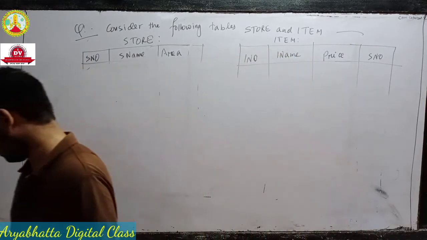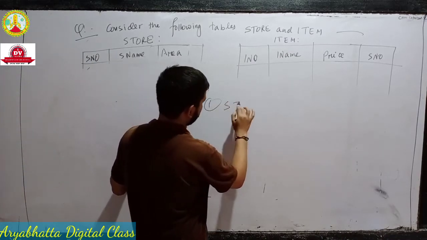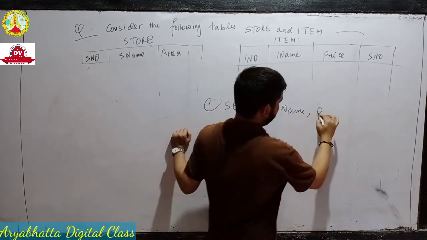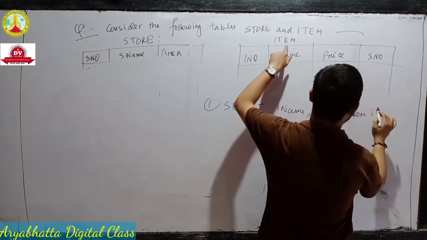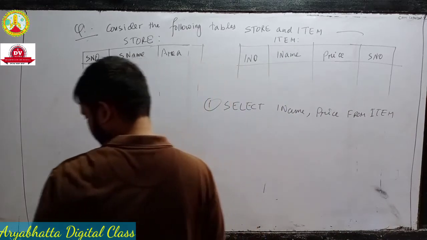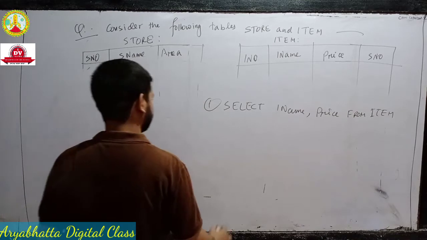The first query is: select item name, price from the item table, order by price.